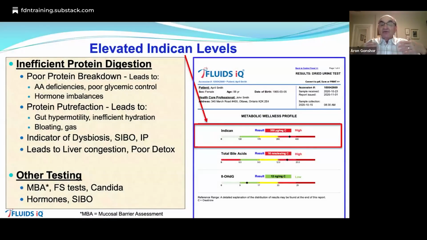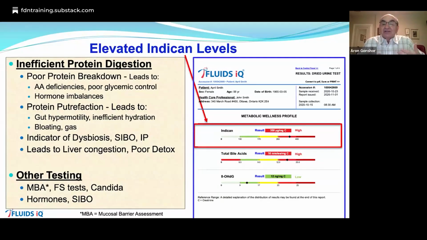And so if you've got that level or even higher, here we're showing you one with very high levels of indican. What does it tell you? Inefficient protein digestion, very clear. There's very poor protein breakdown, and it's leading to amino acid deficiencies, poor glycemic control, hormone imbalances.